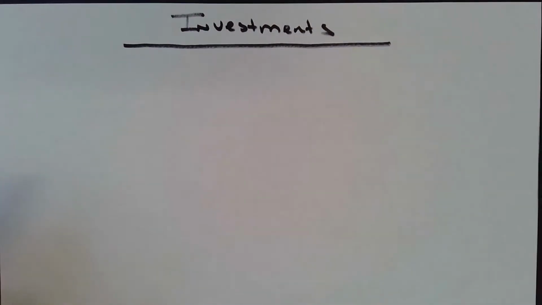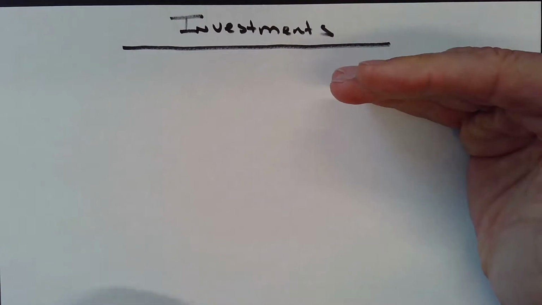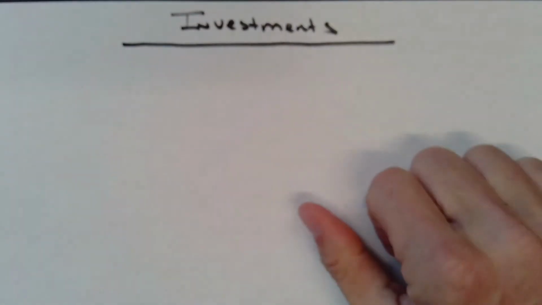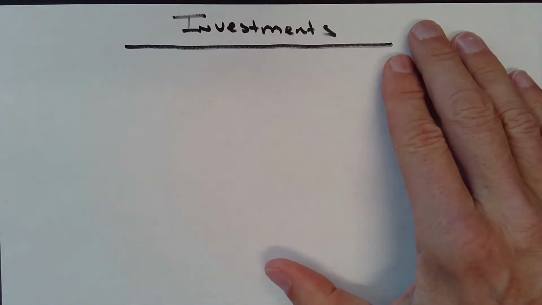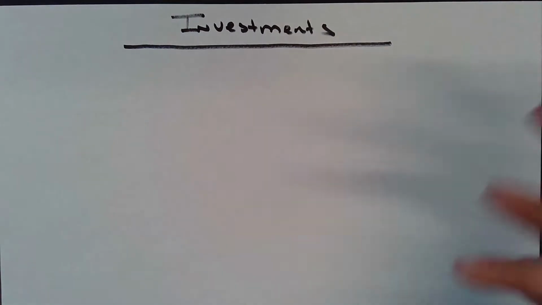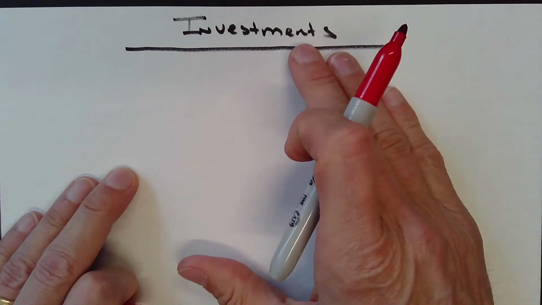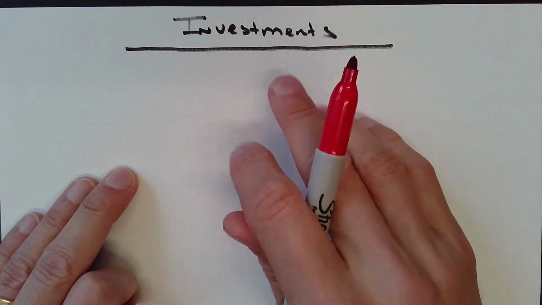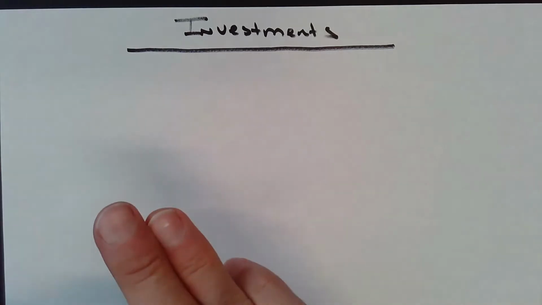And when we think about investments, there are two broad classifications of investments. Now, we're not going to be chatting about derivative instruments here. That's a little bit too much. But we're just going to keep it simple and focus on two types of investments.